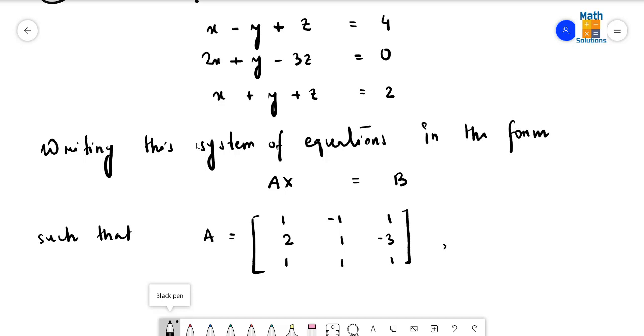Then X will become x, y, z. Then B will be equal to, of course, 4, 0, 2, like the previous sum.